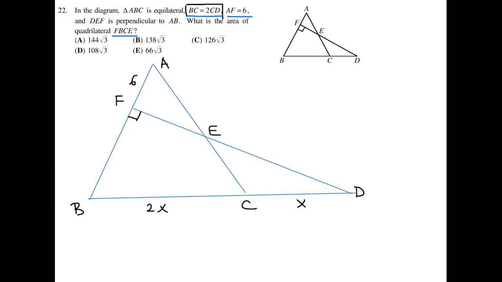So the first thing, in order to figure out the area of this quadrilateral, we have to figure out first the area of the entire triangle, that triangle right there, and then subtract from it this triangle.